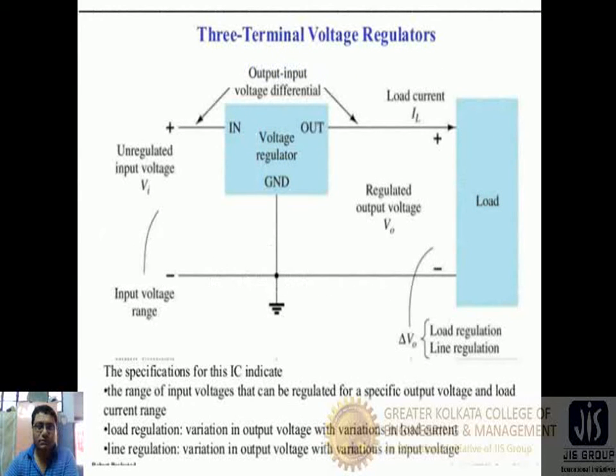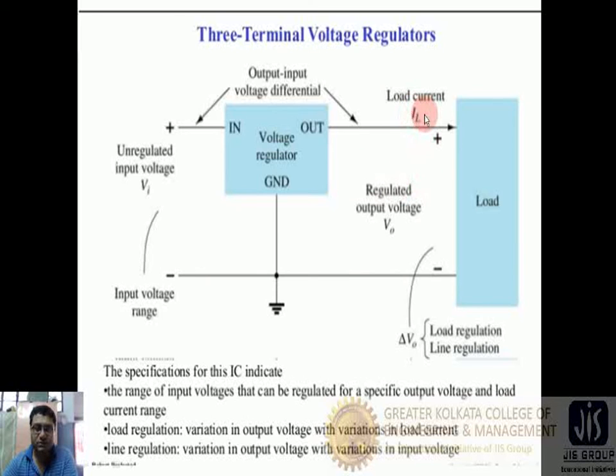First comes the 3-terminal voltage regulator. It is a positive voltage regulator where a Vin is provided, which is the non-regulated input voltage, and a common ground is present for both the input and output, and we can get a regulated output at its output pin.